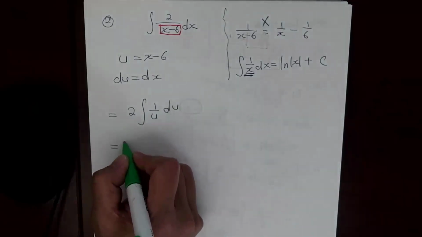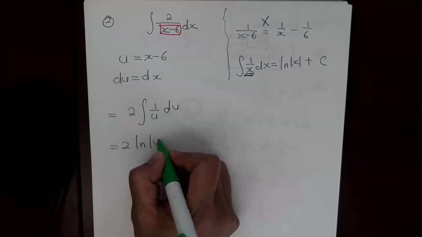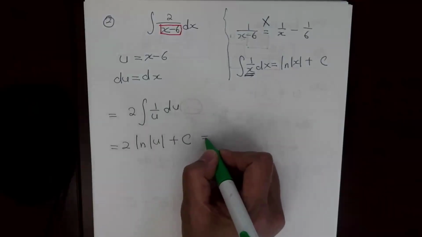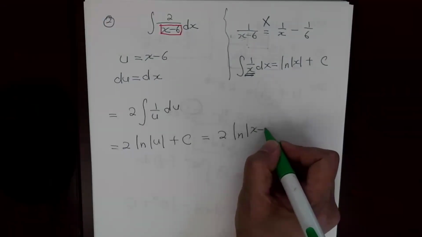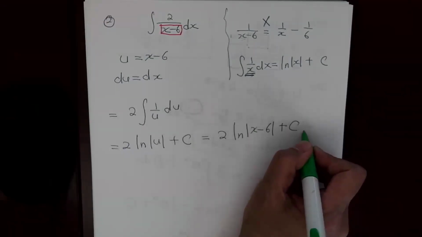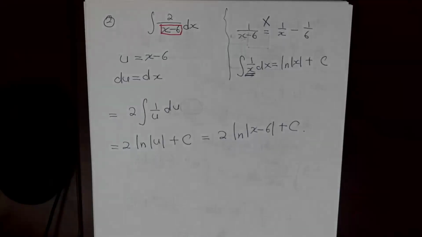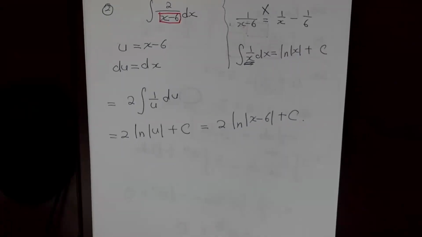And then that is 2 times natural log of absolute value of u plus c, which is 2 times natural log of absolute value of x minus 6 plus c. Any question?